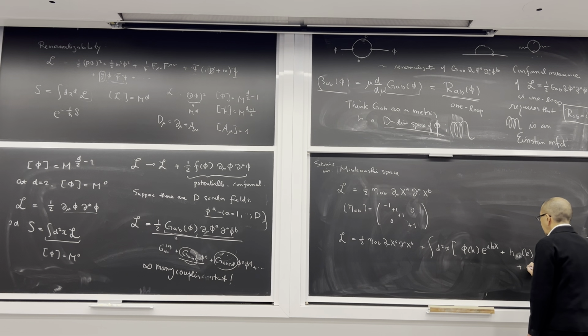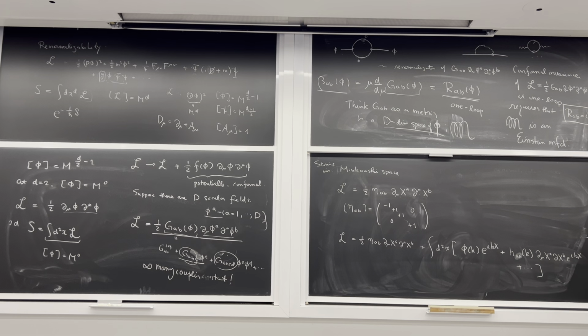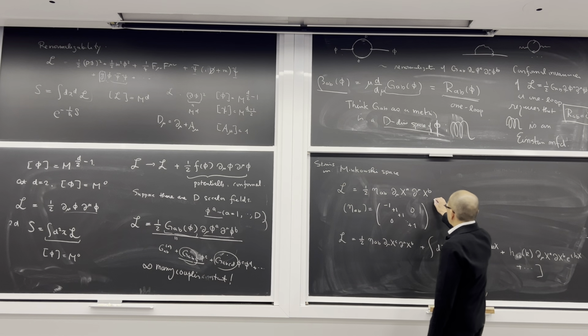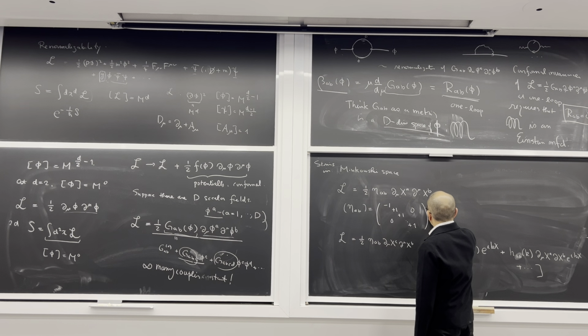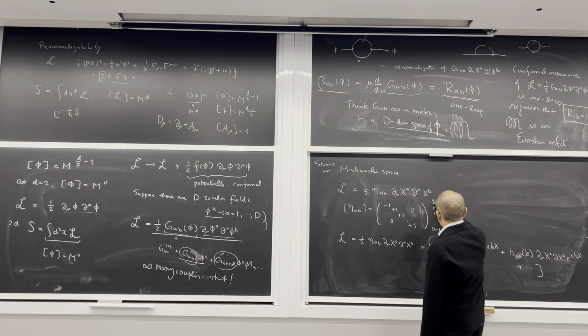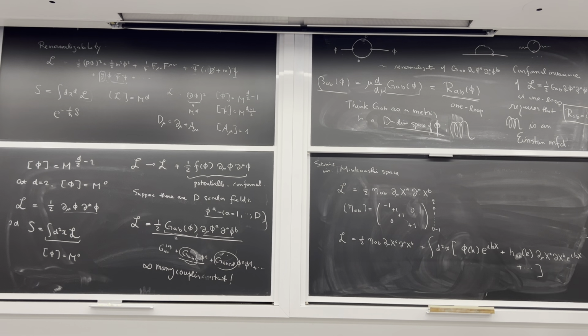You can consider these as interactions, for example. For simplicity, let's say that A goes from 0 to d minus 1, where 0 is the time direction.